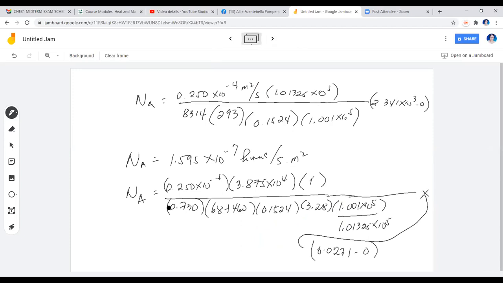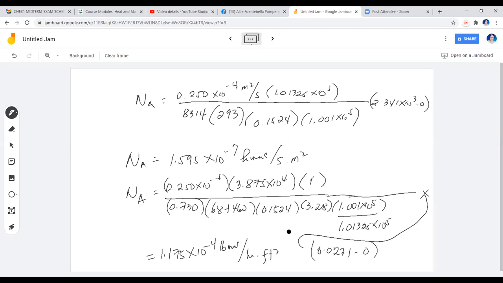So this whole thing here is division, and this one should be written here for multiplication. Your NA in pound mole per hour per feet squared is 1.175 times 10 raised to negative 4. So pound mole per hour per feet squared.